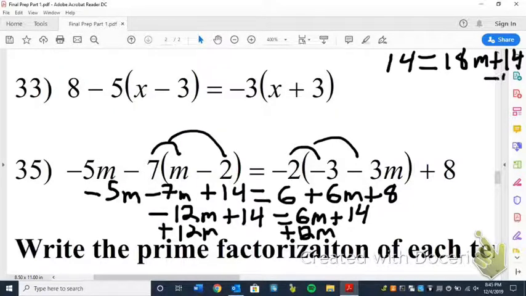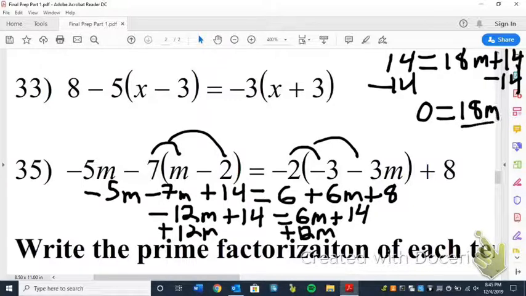So we want to subtract 14 from both sides. And that's going to give us 0 equals 18m. We're then going to divide both sides by 18. And we're going to get 0 equals m.